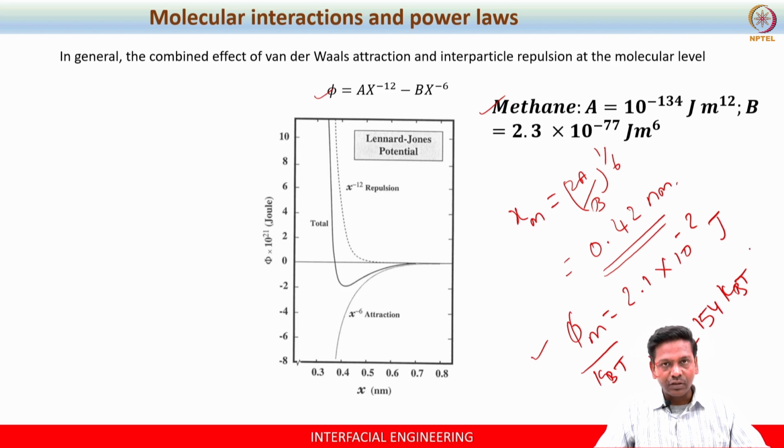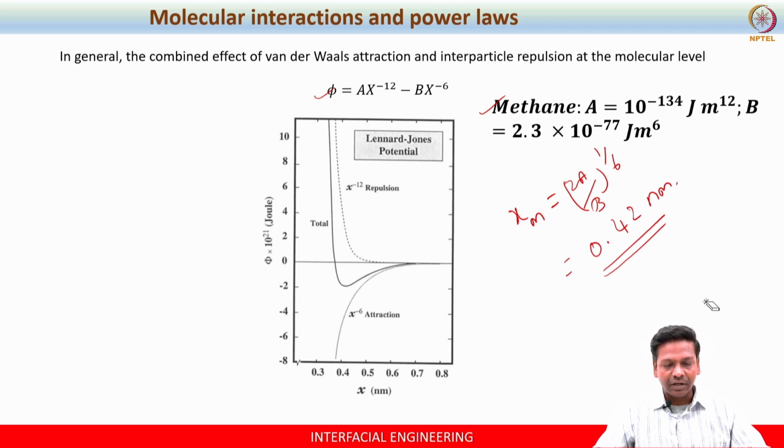In this way you can understand what the strength of energy is. The strength of energy in this case is 154 times the thermal energy, which is KBT. So this will help you to quickly relate to the Lennard-Jones interactive energy that we talked about. We will stop here. We will continue from the next lecture.